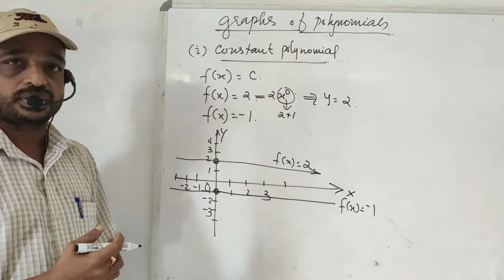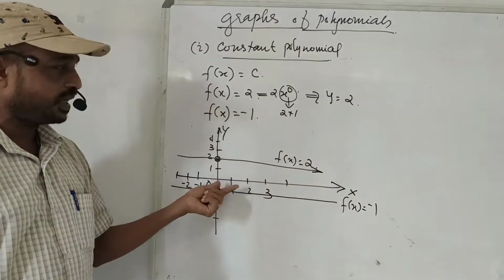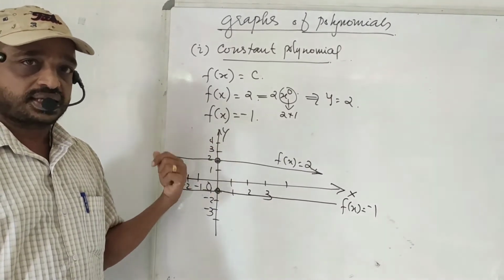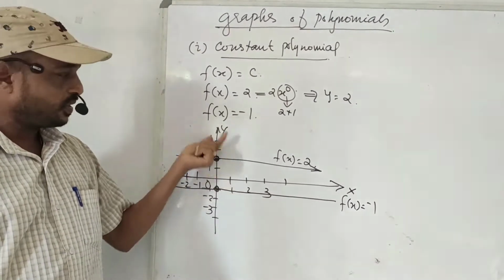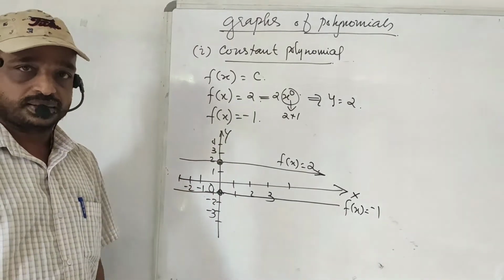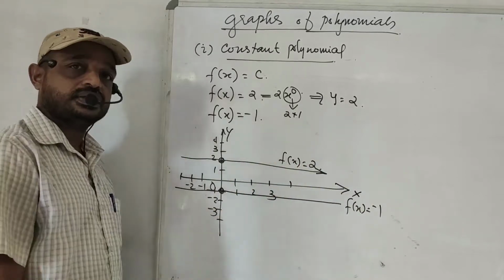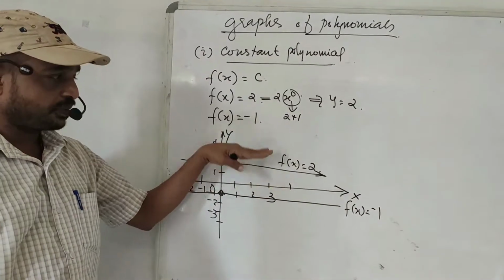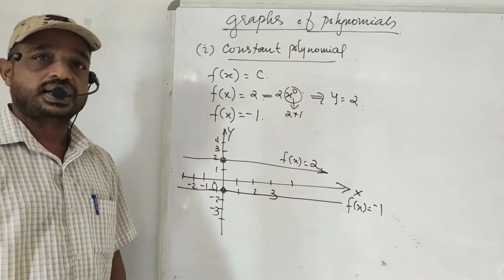That gives the zero of the polynomial. Here we can see that the graph will not touch the x-axis because the graph is parallel to the x-axis. So this constant polynomial will not have a zero.